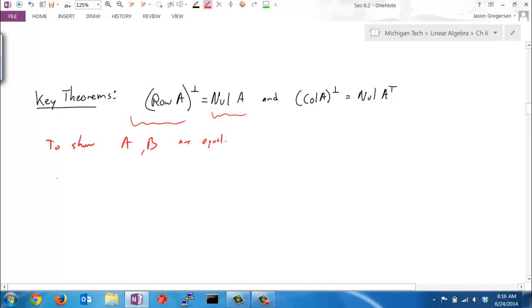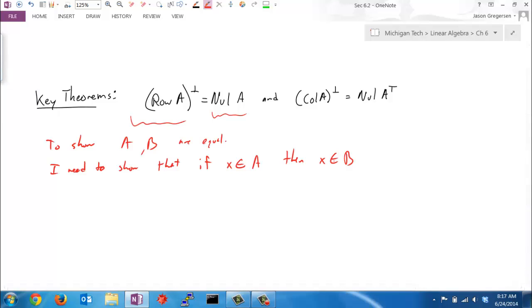I need to show that if I have some element X in A, then X must also be in B. In other words, all of the stuff in A has to be in B. But not only that, if I have some element of B, then it has to be in A.